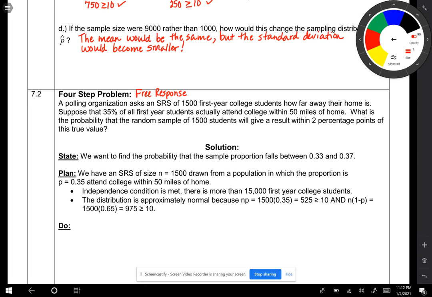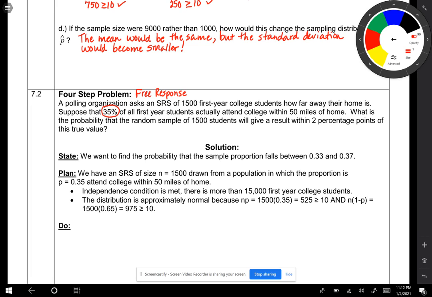So here's the problem. A polling organization asks an SRS of 1,500 first-year college students how far away their home is. Suppose that 35% of all first-year students actually attend college within 50 miles of home.